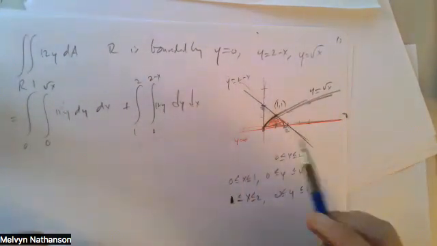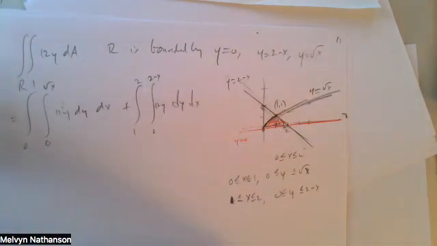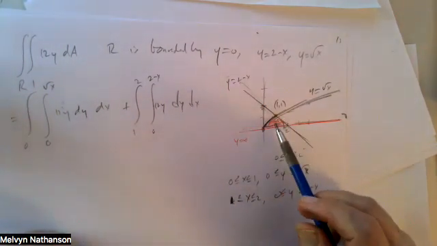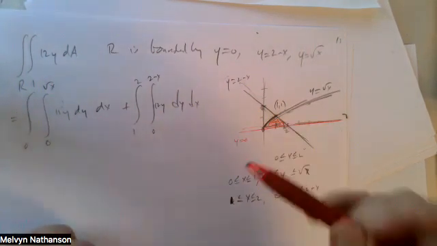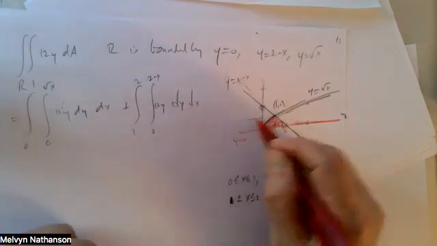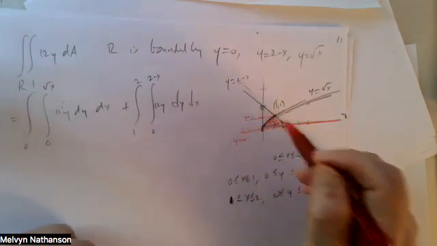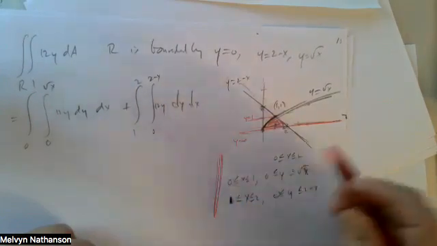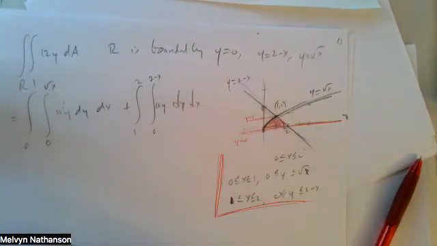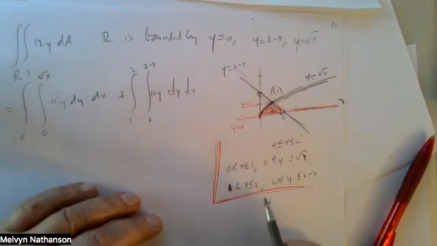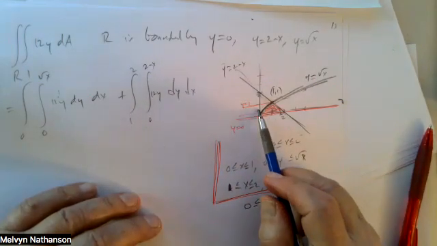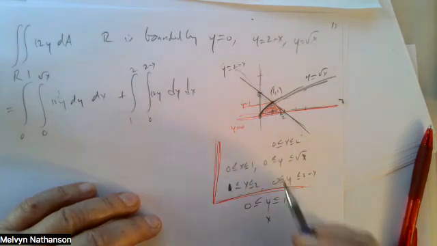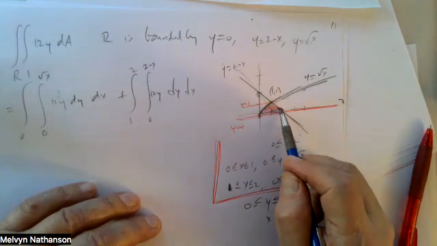But in this case, you can look at this area differently. If you look at this, you see y is between 0 and 1. So an alternate way to describe this region is y is between 0 and 1. And for each y, x is from here to here.